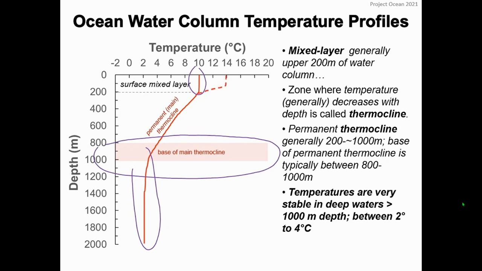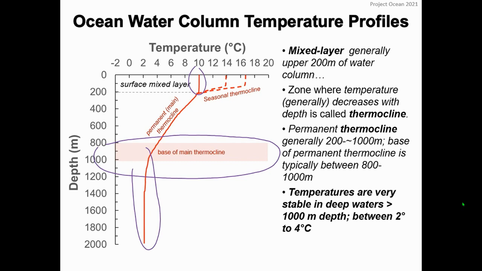Now, one does find other thermoclines in the ocean water column that are effect of seasonal changes in heat exchange from the surface ocean to the atmosphere. Kind of makes sense. Imagine heat exchange of an ocean water column in Maryland, where we're going to be for the Project Ocean course that's in the mid-latitudes.